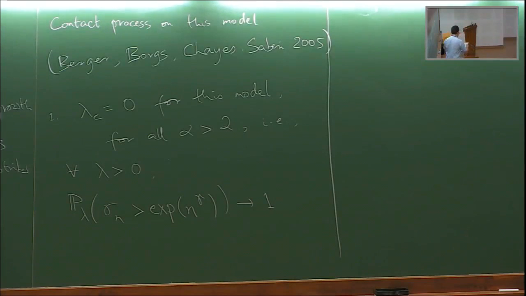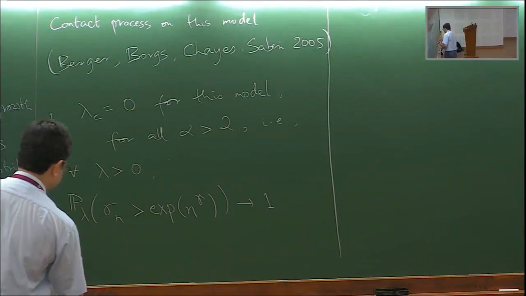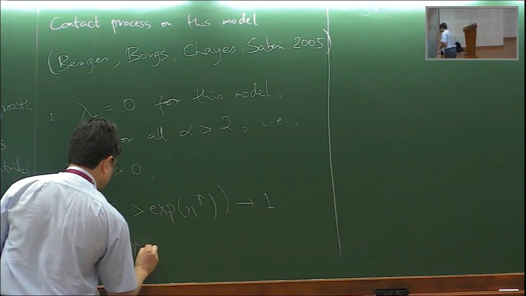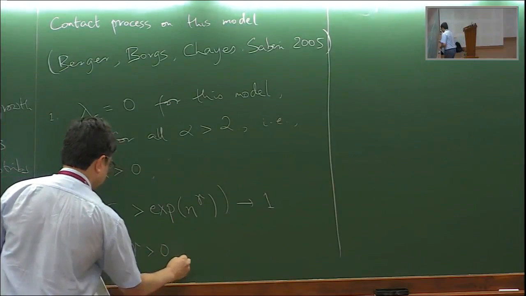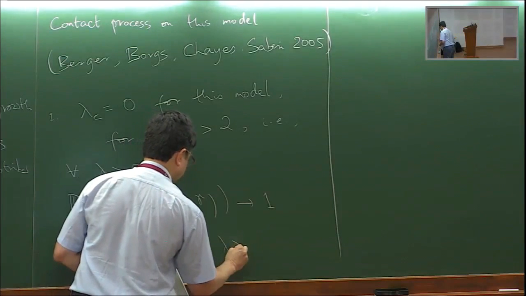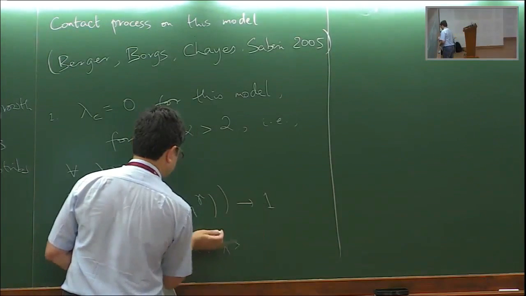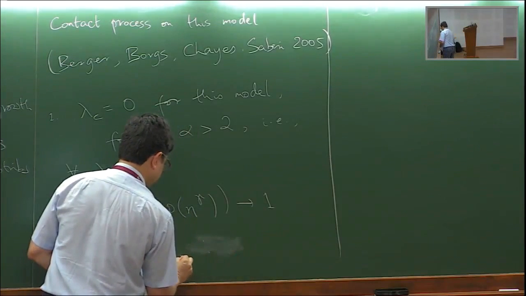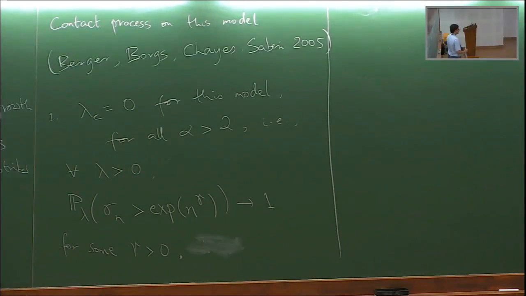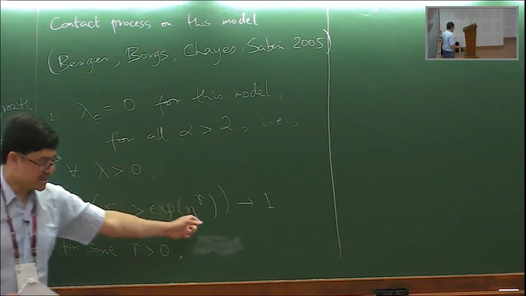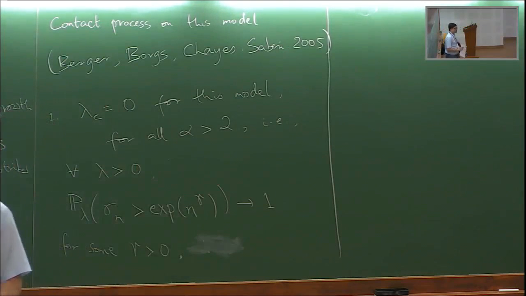And here gamma is some positive constant. So there's some constant gamma that doesn't depend on lambda, such that the epidemic lifetime is always bigger than exponential n to the gamma.